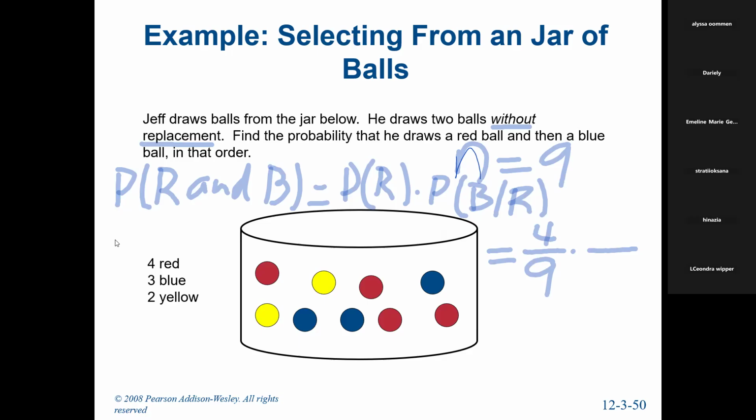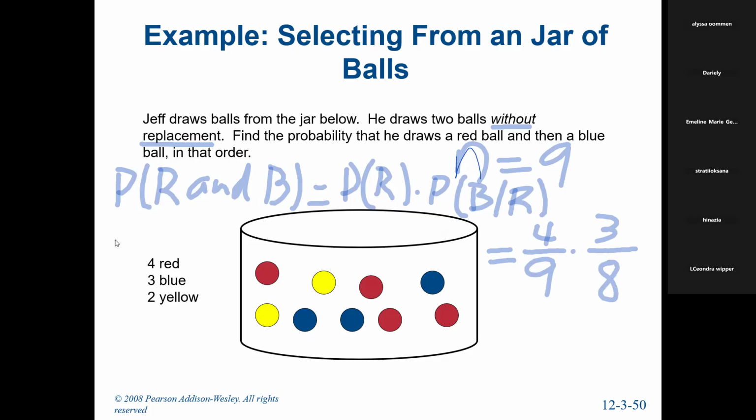How many blue balls do we have? 3. Over what? 9. No, 8, because you didn't put it back. Ah, very good. So here should be over 8.